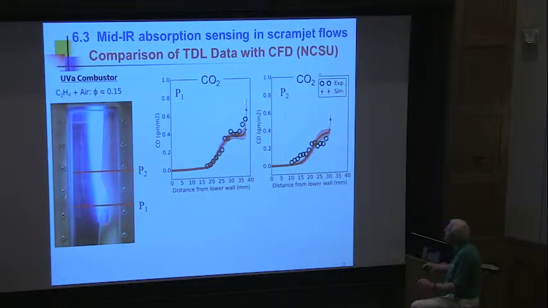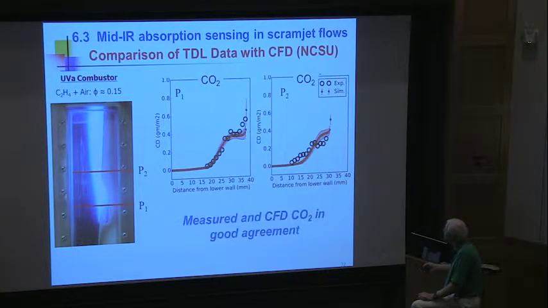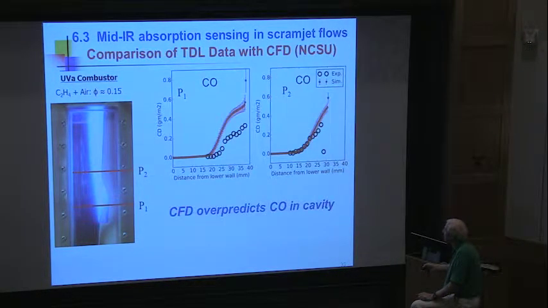We got good agreement with CO2, not so good agreement with CO. It's a big enough difference that it's not experimental error. There's something about the flow in that cavity that's not behaving the way they wanted it to. CFD overpredicts the CO in the cavity.